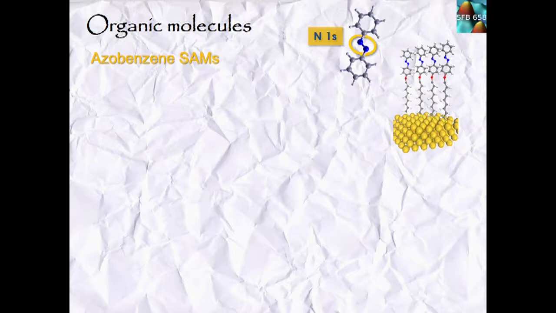So let me give you first a little bit of a motivation why we are interested in these materials. Azobenzenes are switches. So these are molecules that change their conformation, the structural conformation, upon shining light on them. So if you shine in light, they will change the geometry. If you shine in another light frequency, they will switch back to the original geometry.